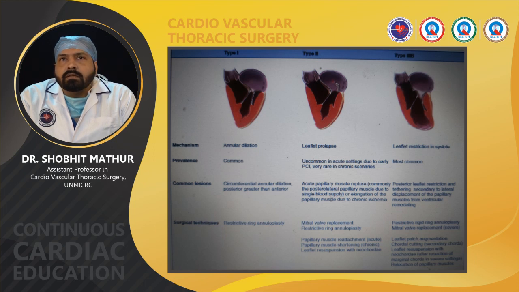The posteromedial commissure has a single blood supply, mainly from the posterior descending artery, which arises most commonly from the RCA and in some cases from the circumflex. So leaflet prolapse causing MR is type 2, and type 3 is leaflet motion restriction due to tethering, secondary to lateral displacement of the papillary muscles from ventricular remodeling.